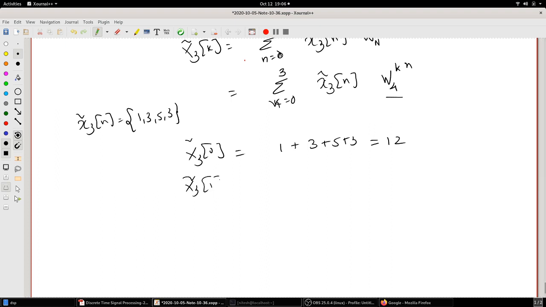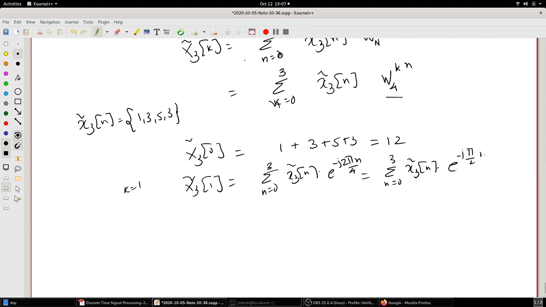x3 tilde of 1, so k equal to 1, is summation n equal to 0 to 3 of x3 tilde of n into e raised to minus j 2 pi n by 4, which is e raised to minus j pi by 2 n.